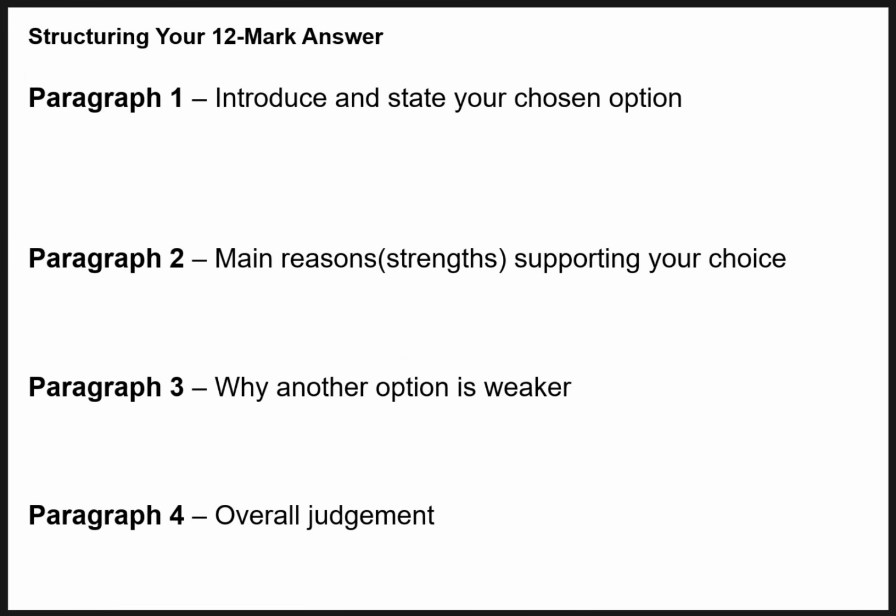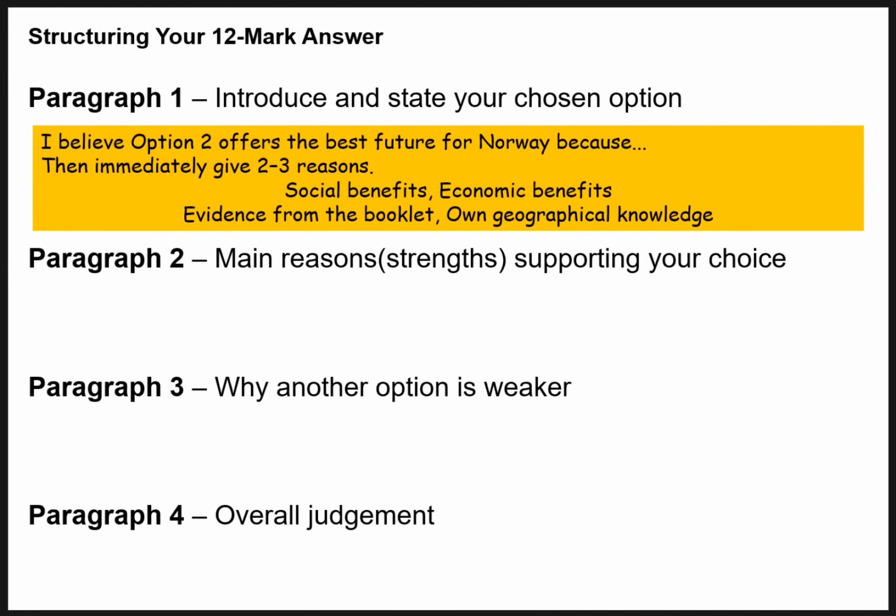Here's a structure for your 12-mark answer. It doesn't need to be lots of paragraphs, but just a nice 4 paragraphs. So introduce and state your chosen option. So I believe option 2, and explain. When you've got this framework of SEE and SS, you've got a lot to talk about. Use evidence from the booklet. Use your own geographical knowledge.